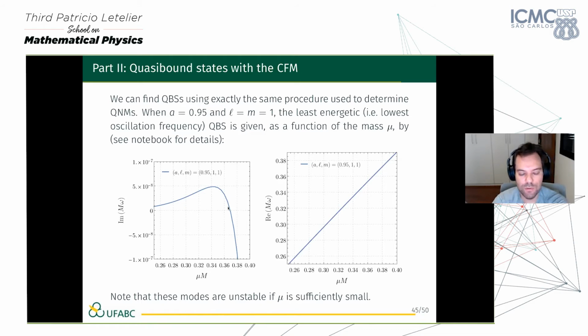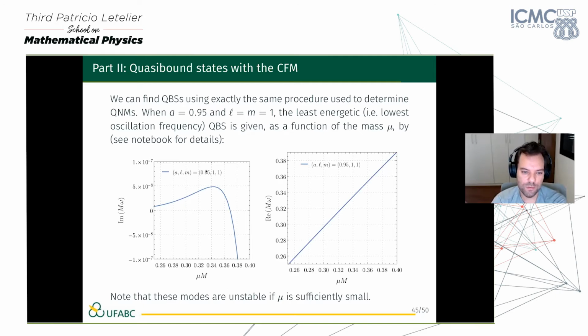So this means that the waves are growing with time. So these are unstable modes. There's this peak here, so it goes to 0 as the mass goes to 0, and then it starts increasing as the mass increases. It reaches a maximum instability rate, and then it decreases and then becomes stable after 0.37.